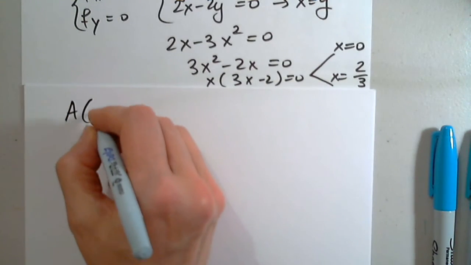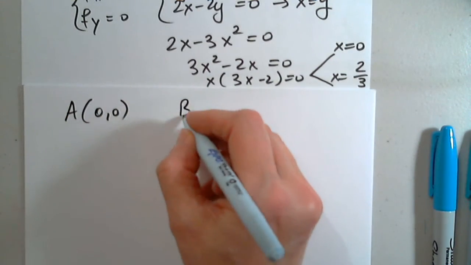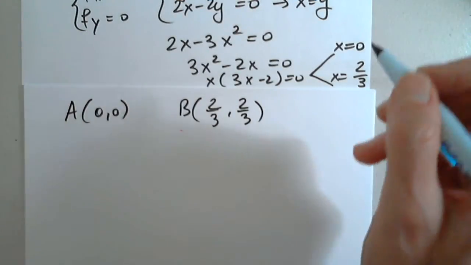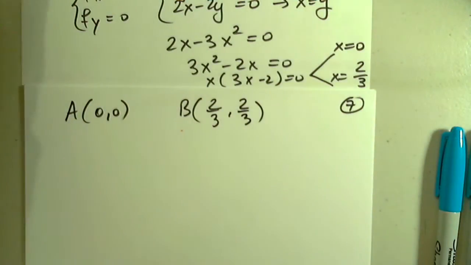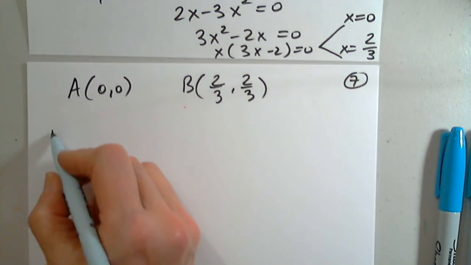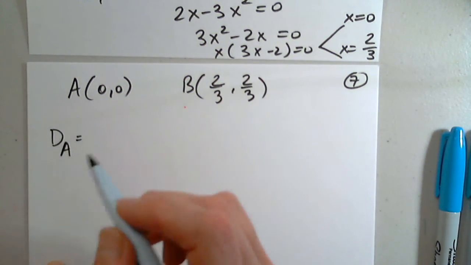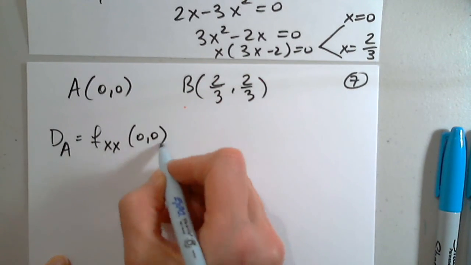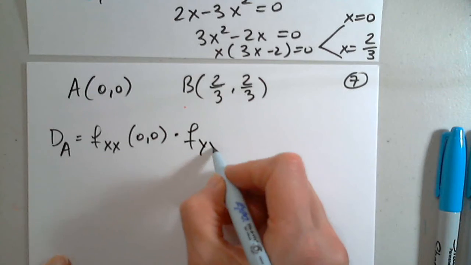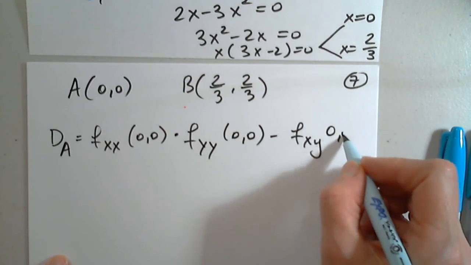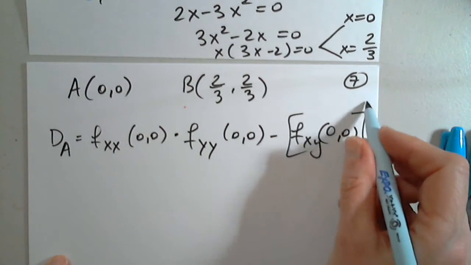So I'm going to call this point A and this point B. So we have to determine D for A, and that will be fxx at (0, 0) multiplied by fyy at (0, 0) minus fxy at (0, 0), squared.